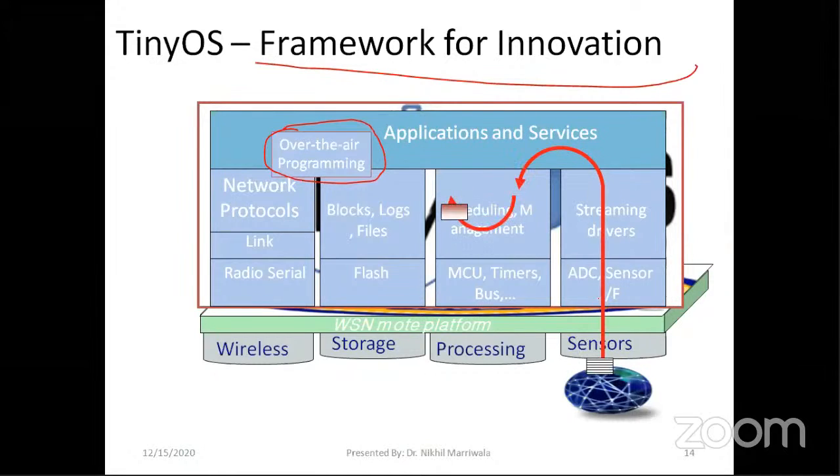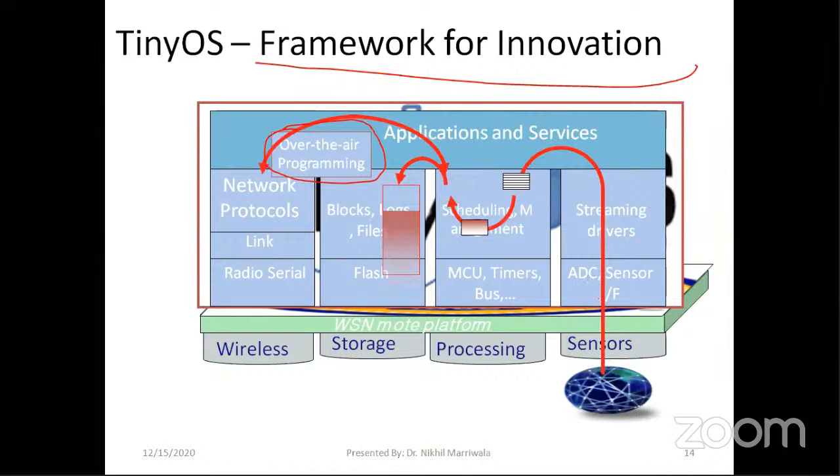Have a look. Once this scheduling and management is done, it is forwarded to the storage part, the blocks, the logs or files, right? And lastly, it can also be transmitted directly to the wireless system. So there are two things: either you store it or you transfer the entire information that has been managed, scheduled, or processed by the processors.